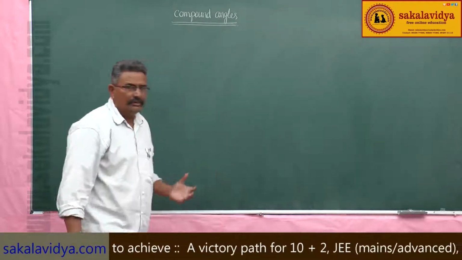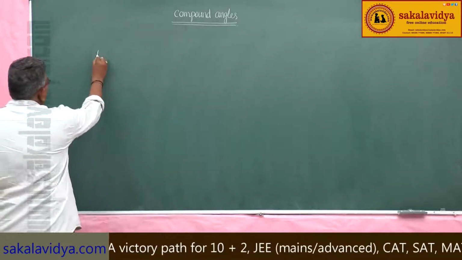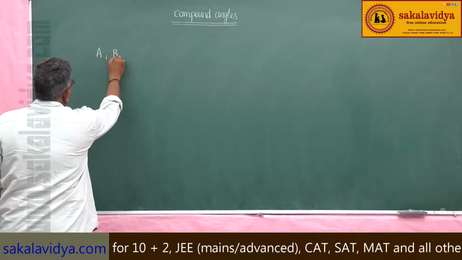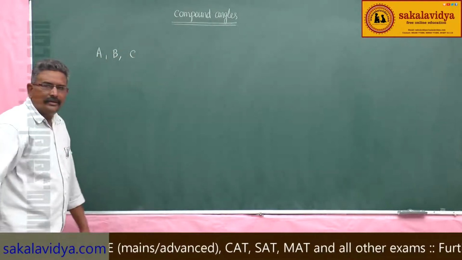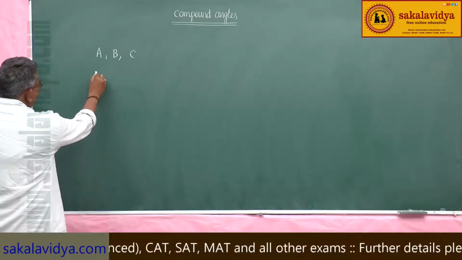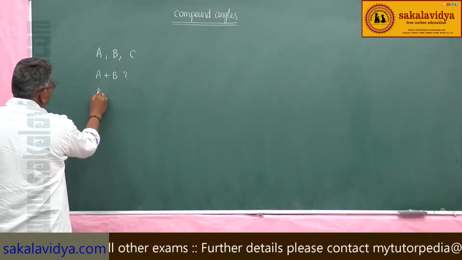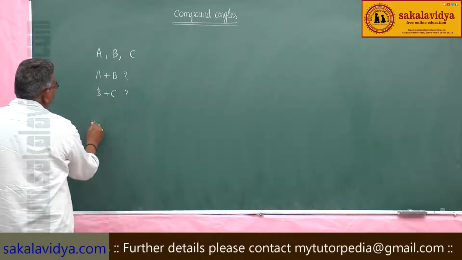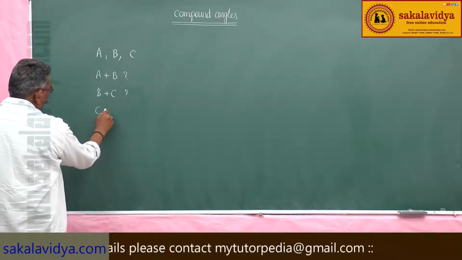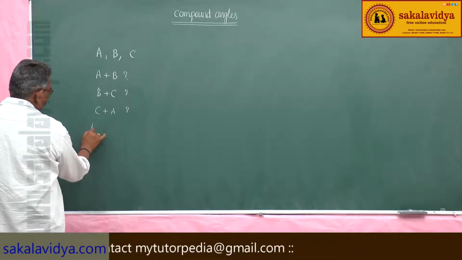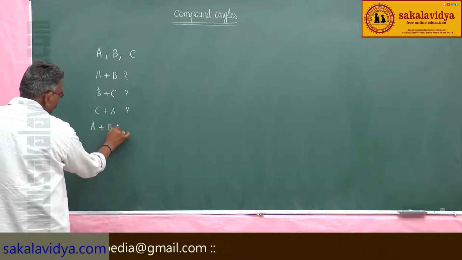We know the angles, for example, say A, B, C. Now, can we define A plus B? Can we define B plus C? Can we define C plus A? And can we define A plus B plus C?